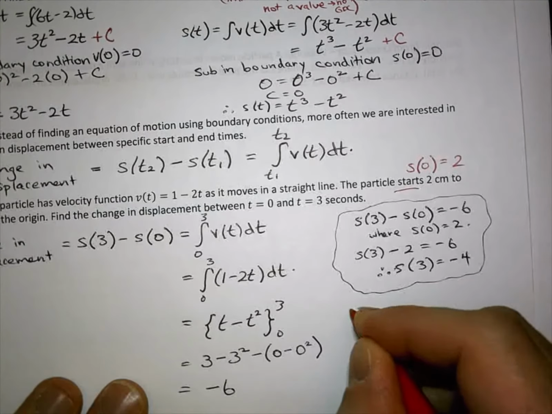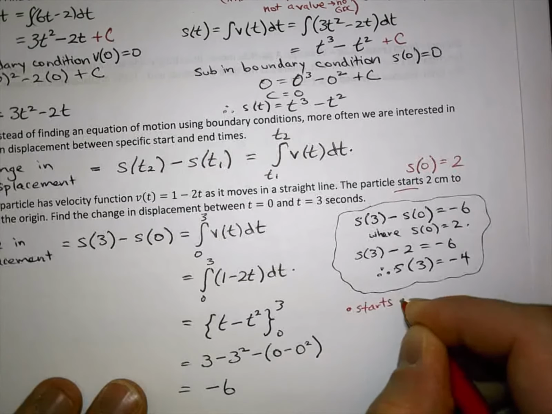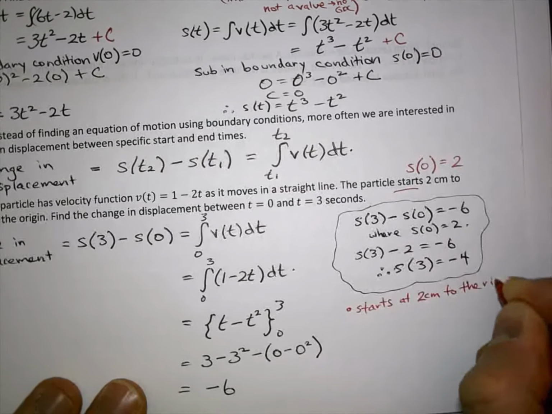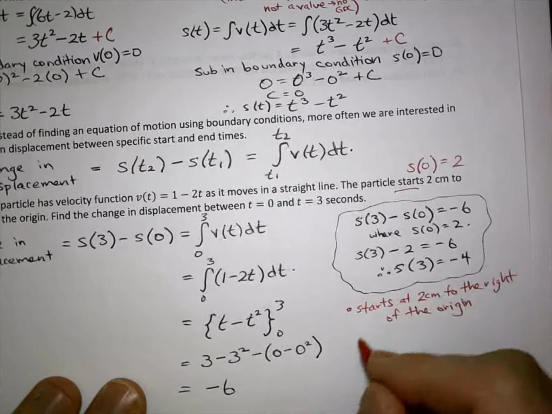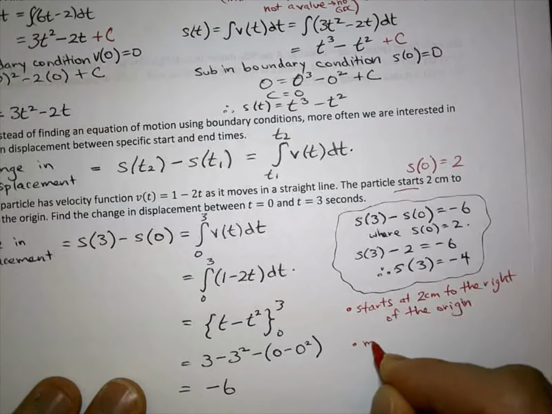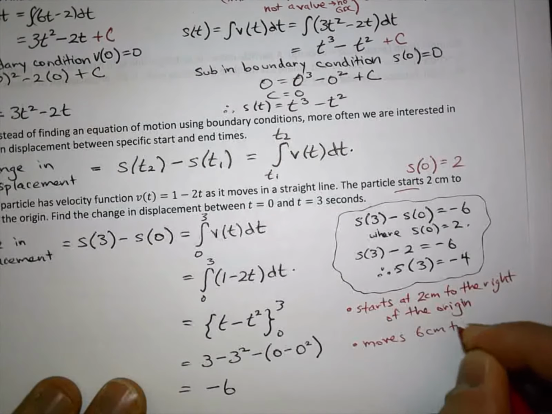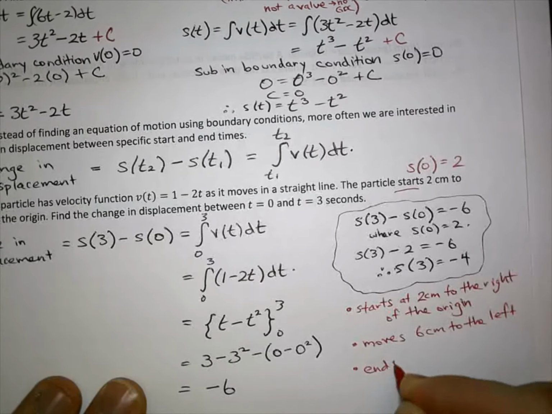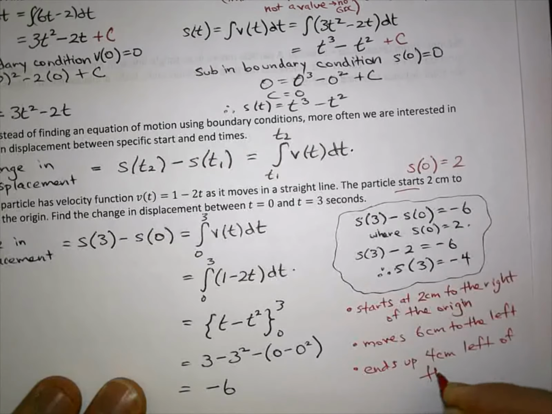So what this essentially means is the particle starts at 2 centimeters to the right of the origin, moves 6 centimeters to the left. That's the change in displacement, and then ends up 4 centimeters left of the origin.